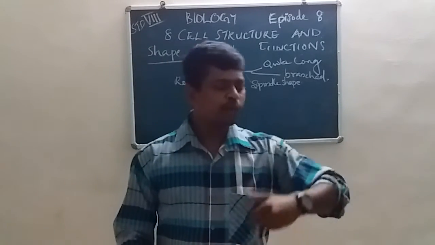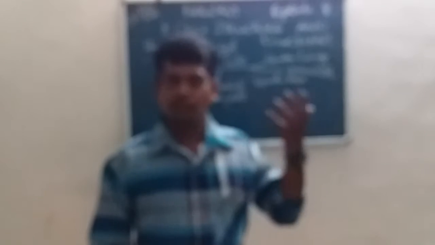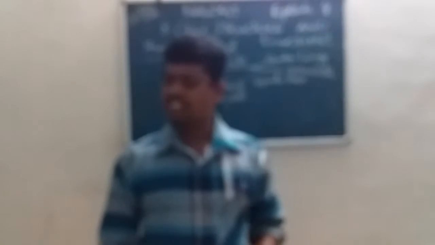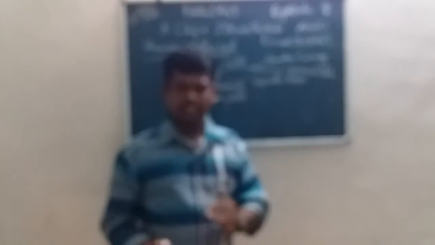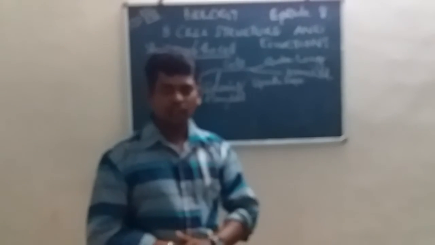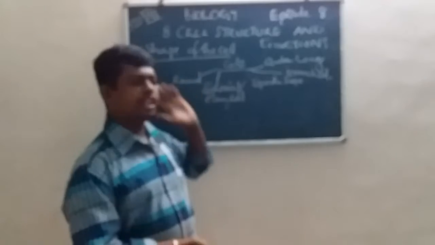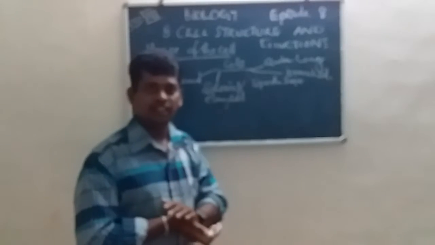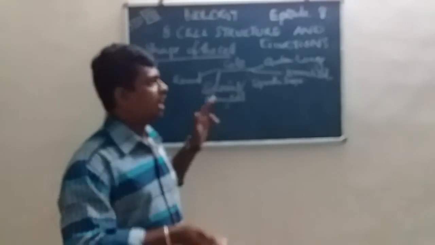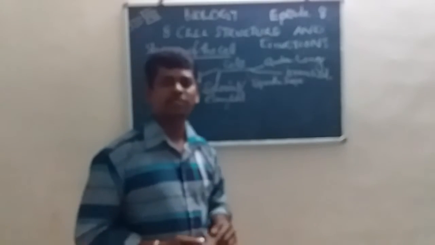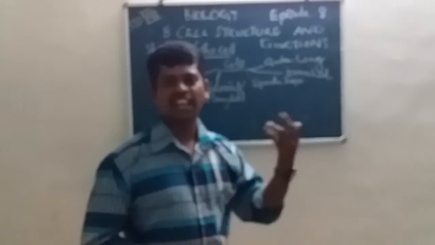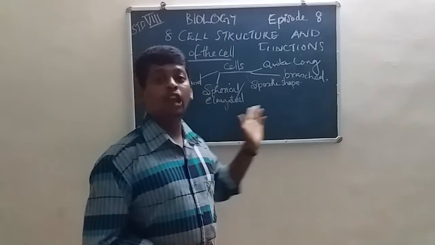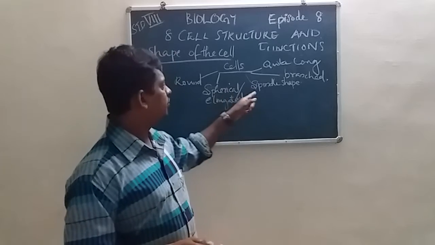We already learned about the shape of amoeba, paramecium and some WBCs, and now we are studying the shapes of cells in detail. Generally cells have these shapes. Some cells are round, some spherical, sphere-like structures, and some are elongated, very long. Some are spindle shaped.